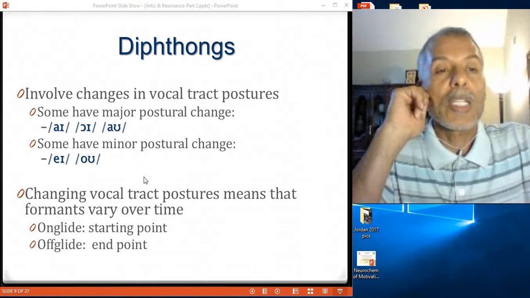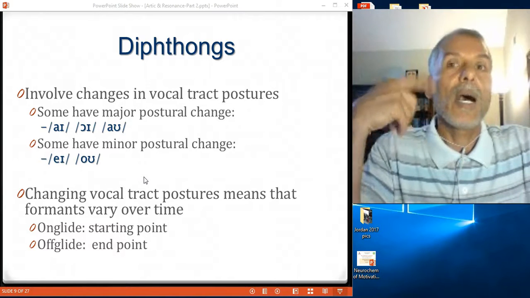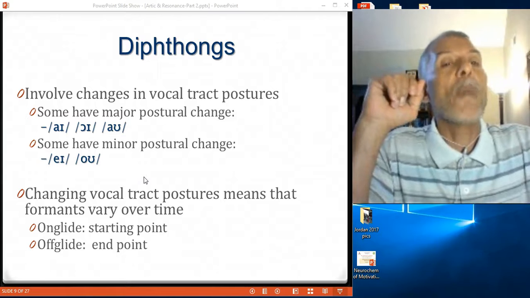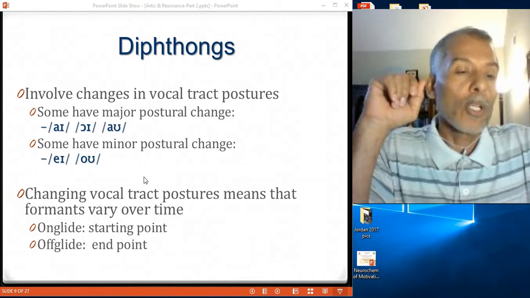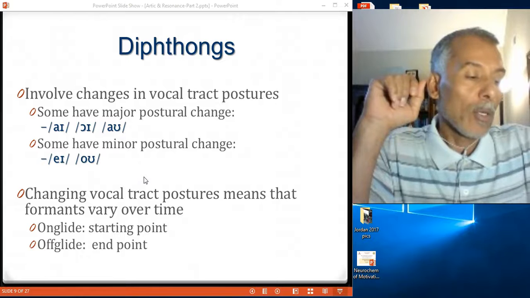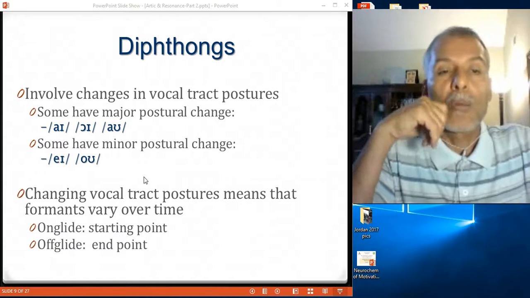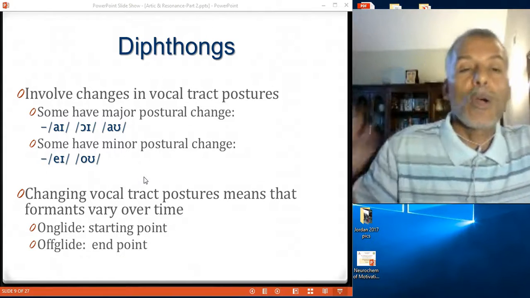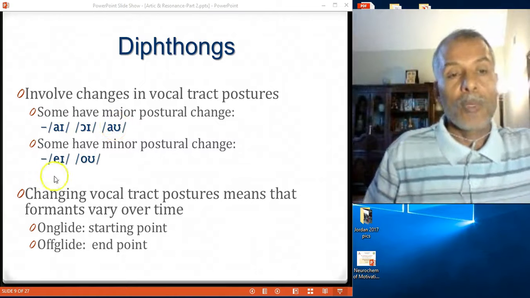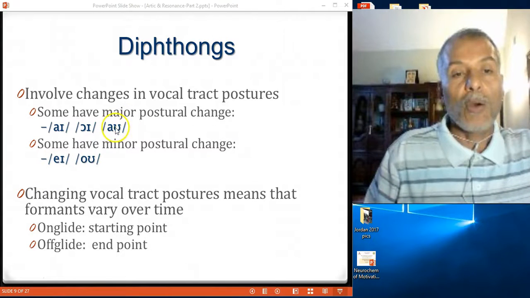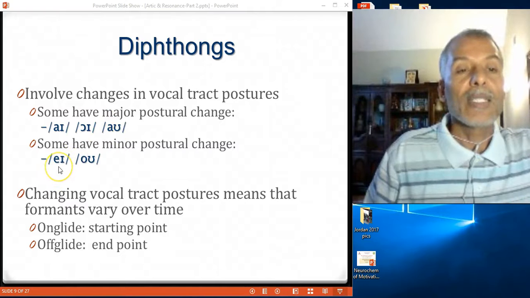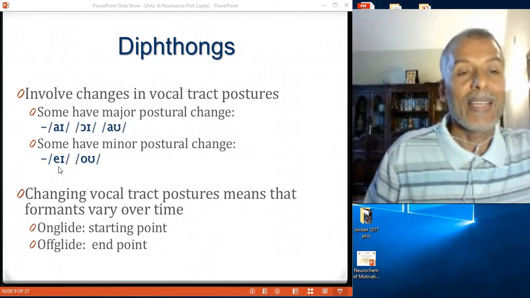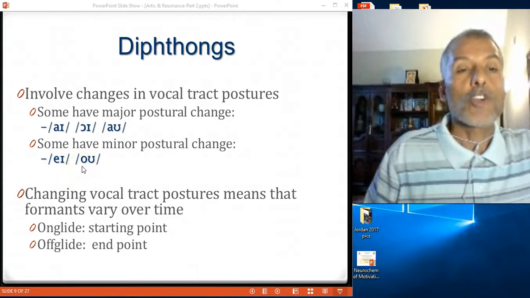So the first one is I, as in I, or my, and then oi, as in toy, or soy, or broil, oil, and then ow, as in cow, or now, or bow, A as in may or hay, and O as in rose.